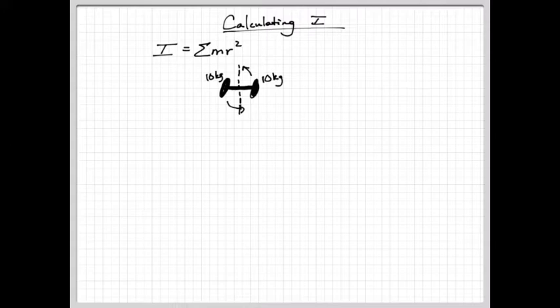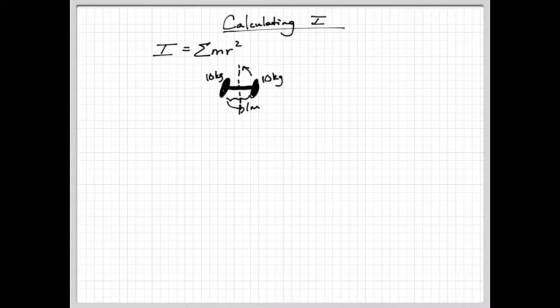And we'll say that the full length of this thing is, I'm going to exaggerate this, we'll just say it's a meter. So maybe it's more of a barbell than a dumbbell, but that's okay. We'll say it's 1 meter in length.